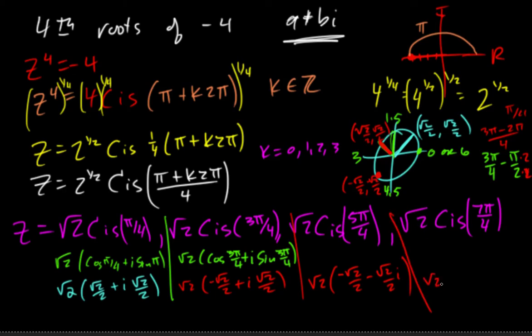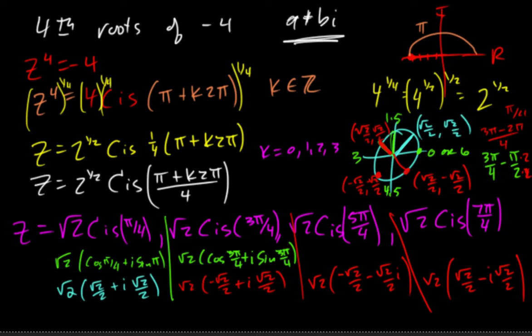This one is going to be right here, where the x value is positive, but the y value is negative. Square root of 2 over 2 minus i square root of 2 over 2.